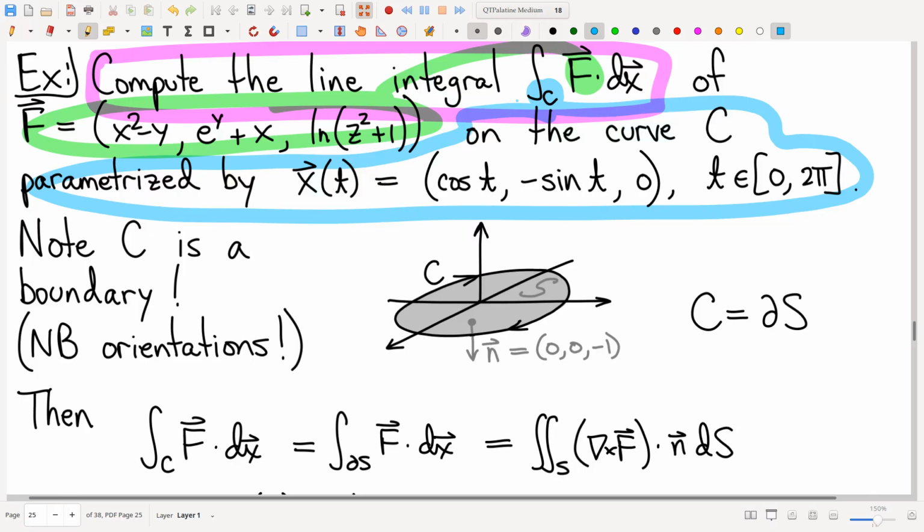Sometimes the orientations are given in subtle ways. Sometimes it will just come out and say it. Oriented, it'll explicitly tell you how the orientation is, and it'll even say the word orientation. Here it's subtle, but notice that the curve is given parametrized.